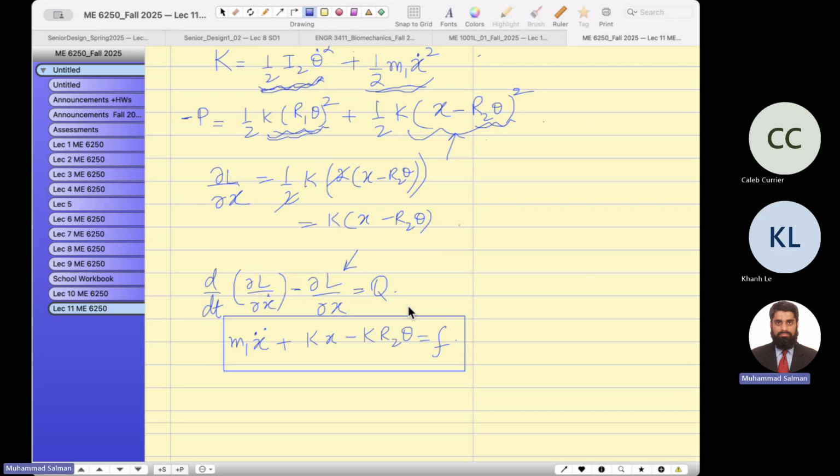regarding the mode shapes. So let's do the mode shapes of our questions.